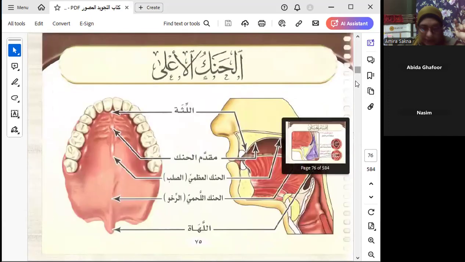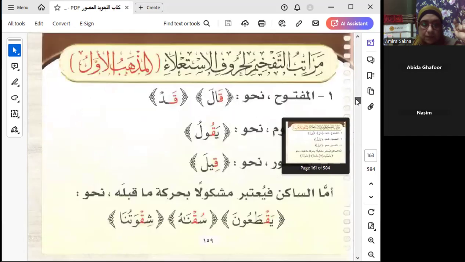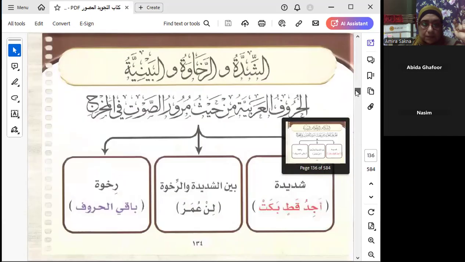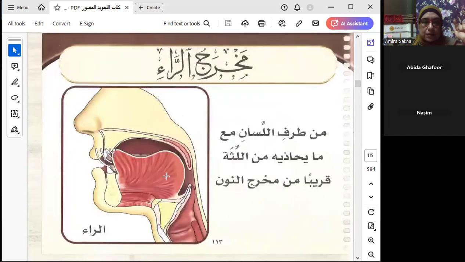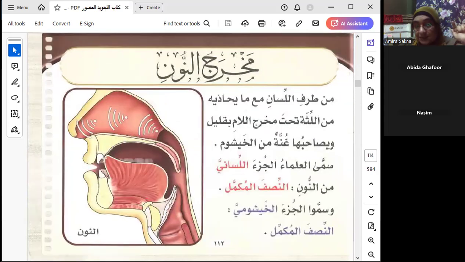So back to letter Ra. It is the tip of the tongue with the alveolar ridge behind the articulation point of the Noon. The articulation point of the Noon, my dear sister, was the alveolar ridge of the upper central incisor. So the Noon articulation point was the tip of the tongue, the same area, but with the alveolar ridge of the upper central incisor.